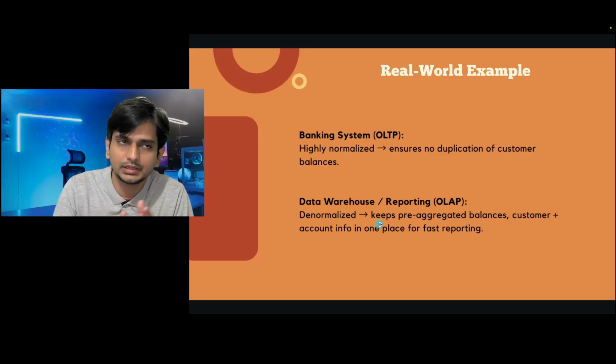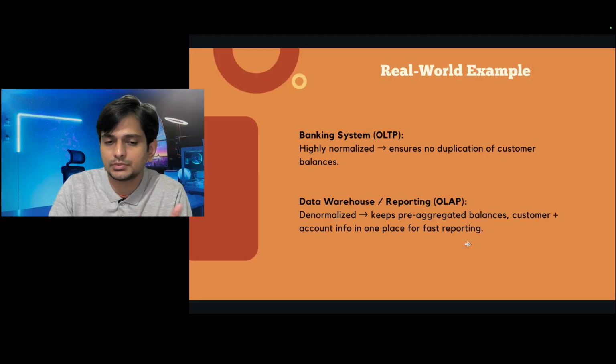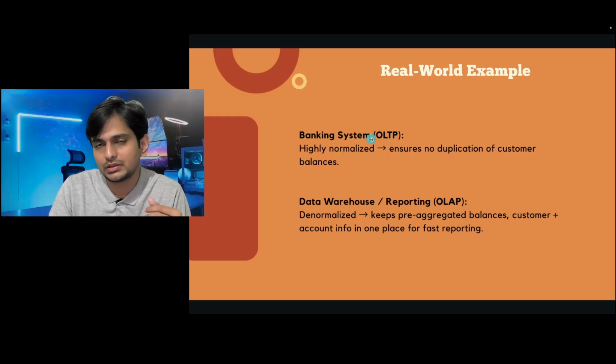So you pre-aggregate the values, customer plus account information in one place, for faster reporting. So this is the real world example. We are taking banking system here. You can take e-commerce, retail, logistics. Banking is already here, so you can take any other OLTP system like transaction systems. So that will fit into this.